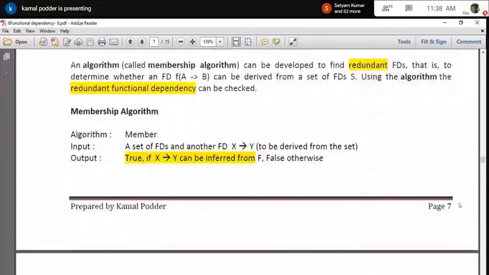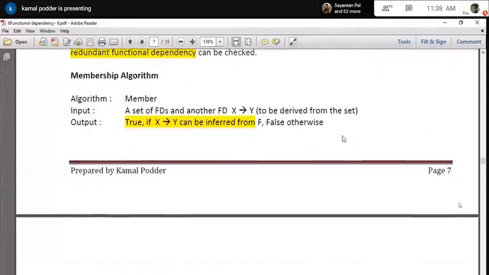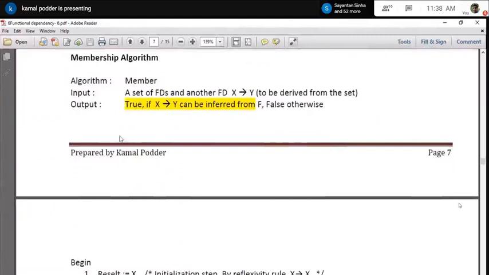Here we will discuss one algorithm to find the closure of attributes. Sometimes this algorithm is called the membership algorithm. To run this algorithm, you need a set of FDs and another FD which you want to check whether it can be derived from that set or not.